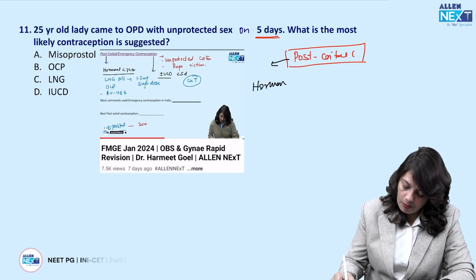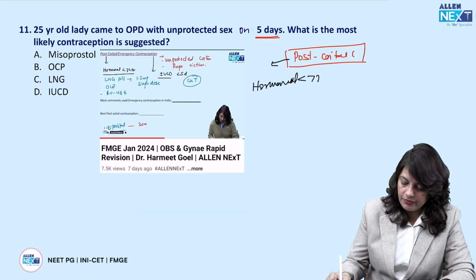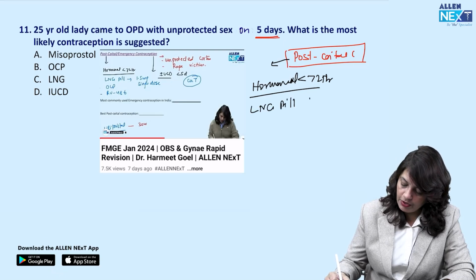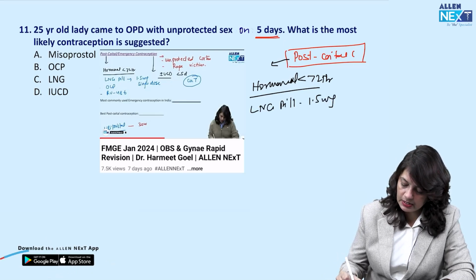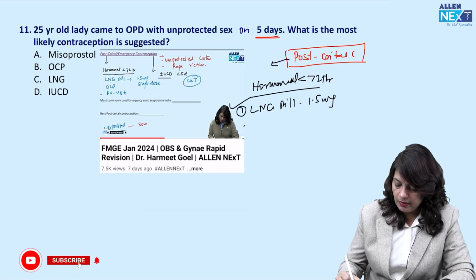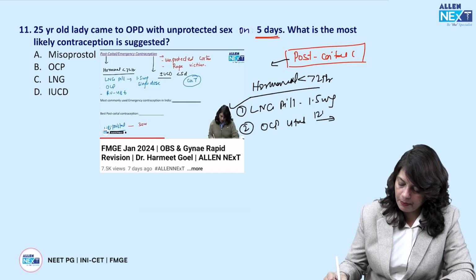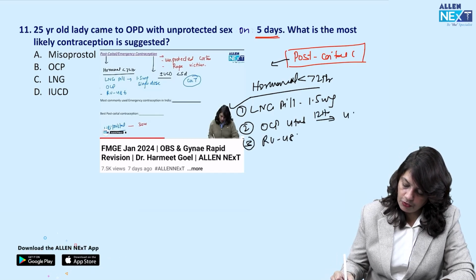In the hormonal, which is applicable within 72 hours, the preferred is LNG pill, which is 1.5 milligram single dose. This is preferred. And there can be OCPs, which is 4 tablets after a gap of 12 hours, 4 tablets. Then it can be RU 486.